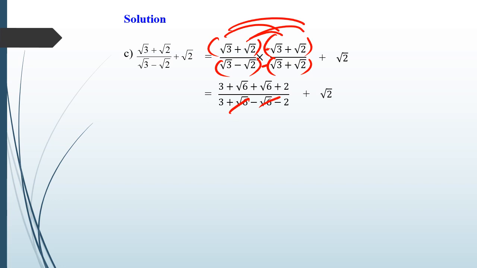So what do we have on the numerator? Yes, we have 3 plus 2 will be equal to 5 plus 2 times of √6 divided by 3 minus 2, which is equal to 1. And then plus with √2. So what do we have as the answer? 5 plus 2√6 plus √2. Can we simplify?